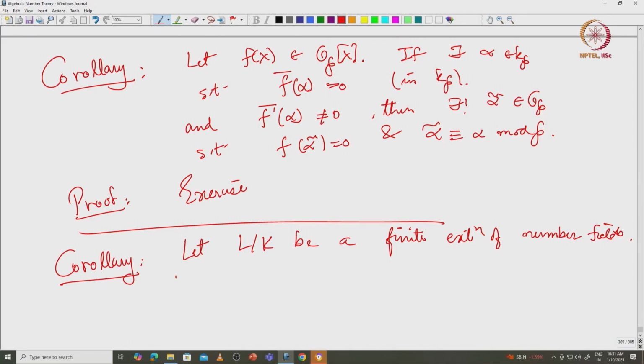Let capital P and small p be primes of L and K respectively, such that capital P divides small p O_L.